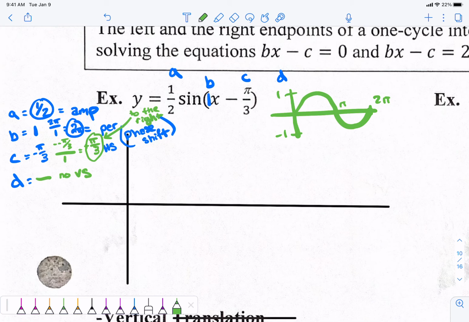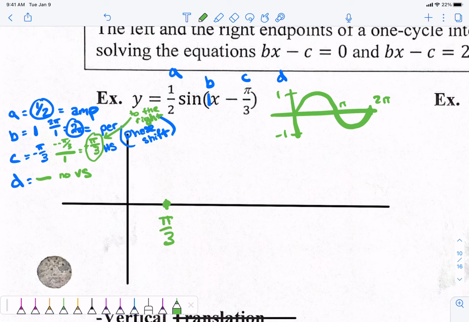That helps me visualize what sine is. He normally starts at 0, but since my phase shift is pi over 3, now I'm scooted over pi over 3 units. I'm going to put pi over 3 there, and that's where he's going to start. Does that make sense?